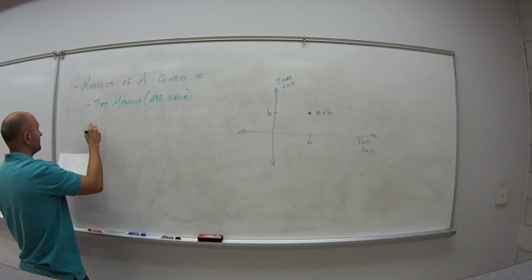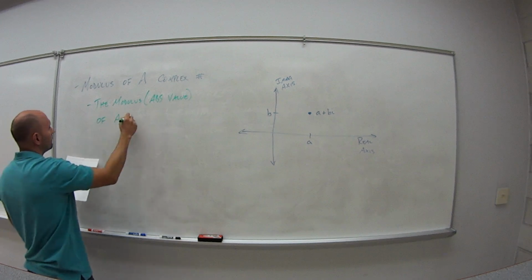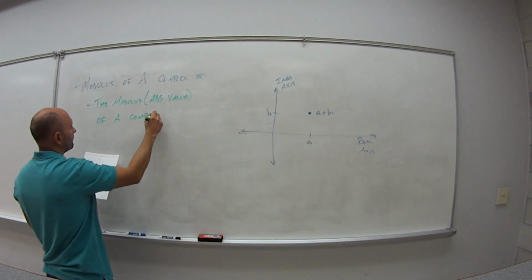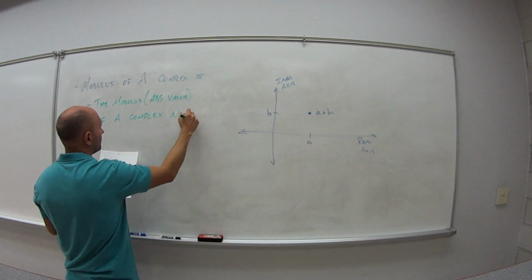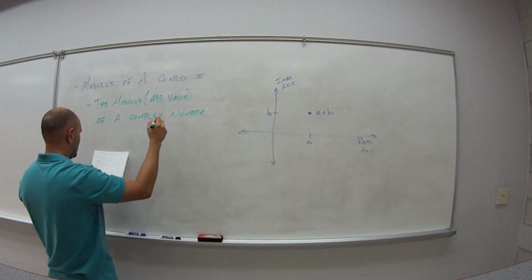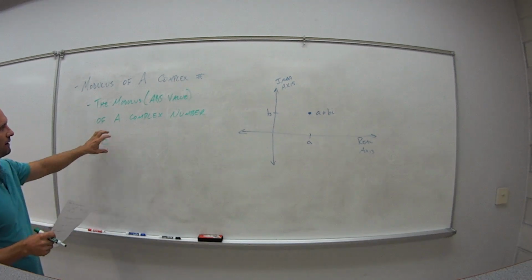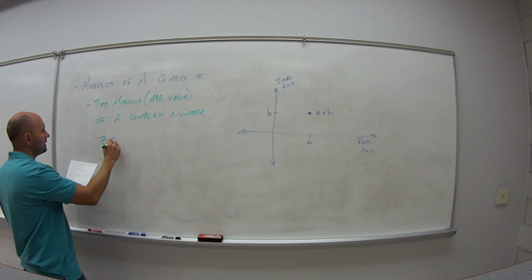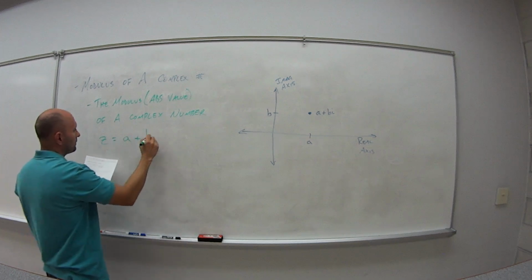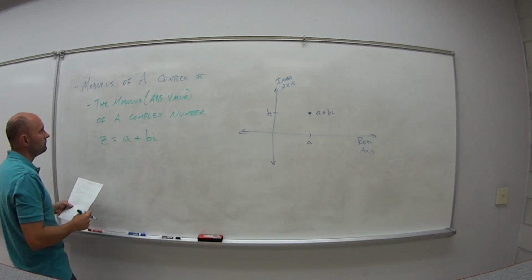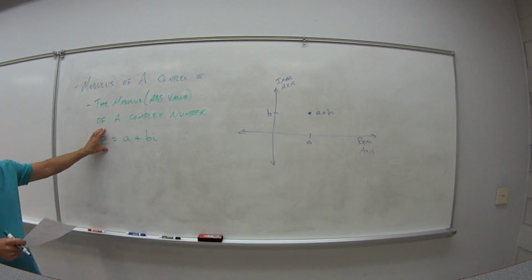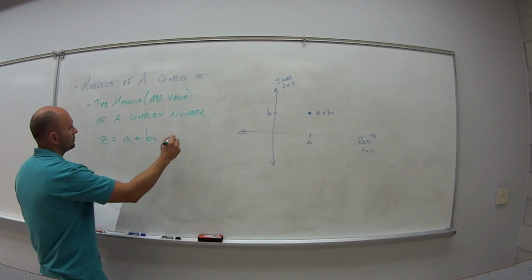The modulus of a complex number Z, so we're going to give this complex number an actual name, so we'll call it Z is equal to A plus Bi. When we're given this complex number, we want to know its modulus.